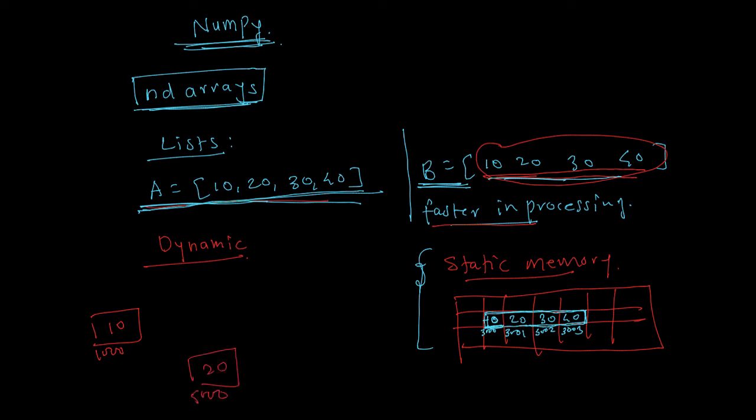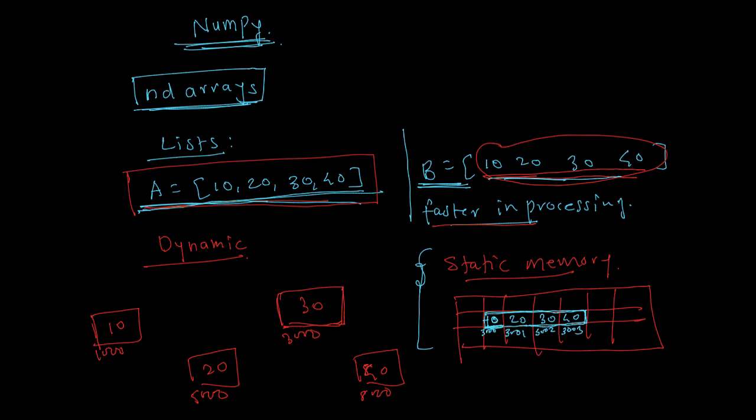Then this 30 might be stored on location 3000, and 40 might be stored on location, let's say, 8040. So they are stored randomly, not sequentially. That's why the processor needs time to access these elements whenever it processes them. So that's why these lists are slower in processing compared to NumPy arrays.